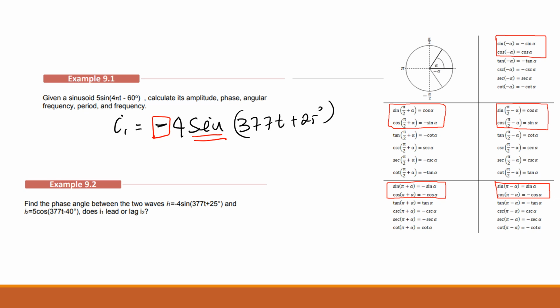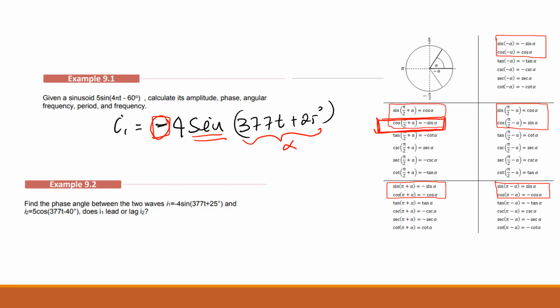So what did you do? You can use this, am I right? So your alpha will be this part. So this negative will be cancelled out.